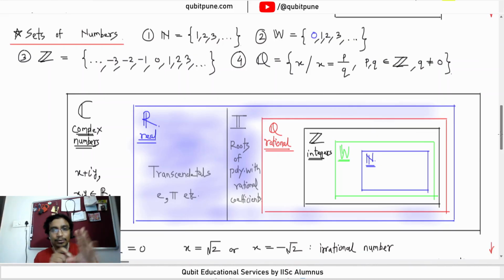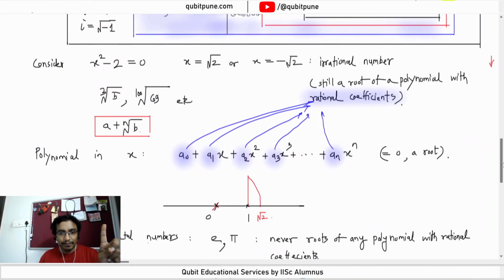The numbers which are roots of polynomials with rational coefficients and are not rational numbers themselves, we call strictly irrational numbers. And then numbers like e or pi, there are many other numbers, but at this level only two of them we will consider, we call transcendental numbers, and then we have the set of complex numbers. One last point before I give you time to write.